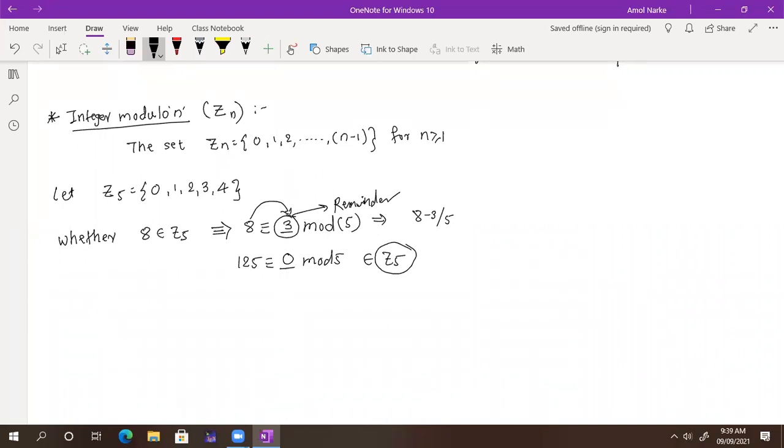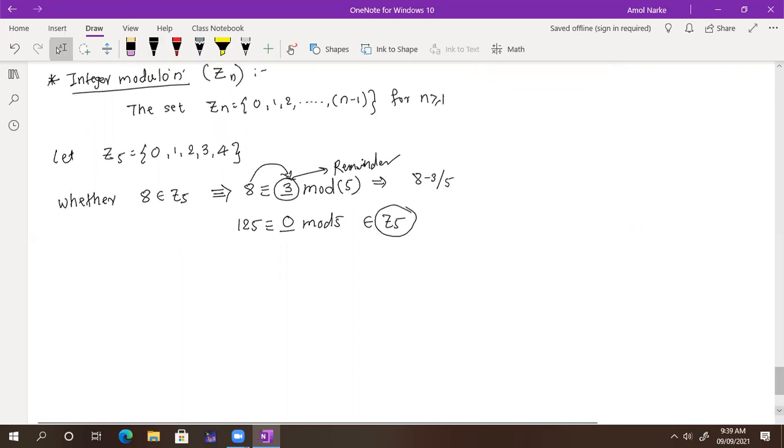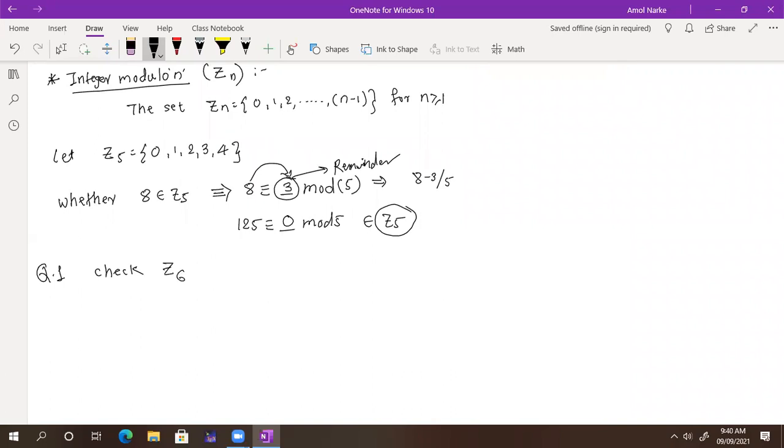Now we need to check whether this set is a group or not, under addition or multiplication. Write down question 1. Check, instead of Zn, taking a particular value of n, say Z6: is it a group with addition?